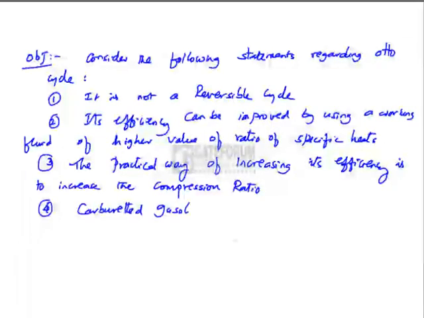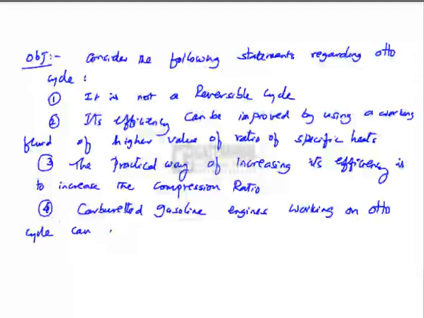Number 4: carbureted gasoline engines working on Otto cycle can work with compression ratios more than 12.